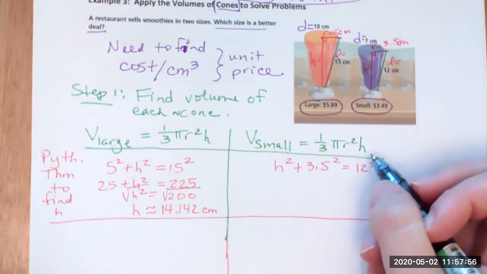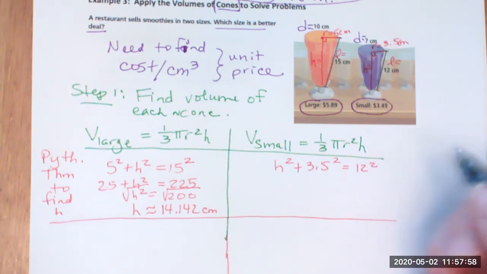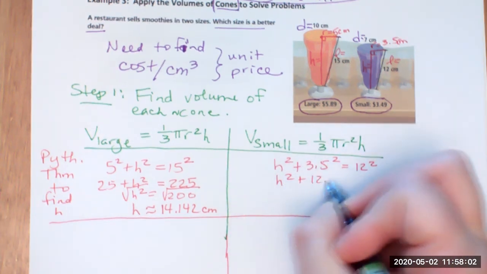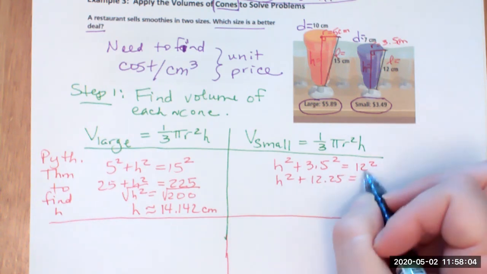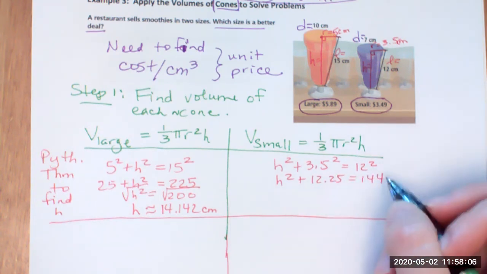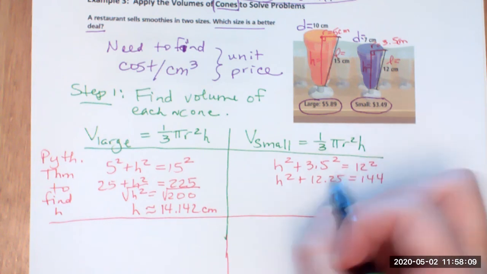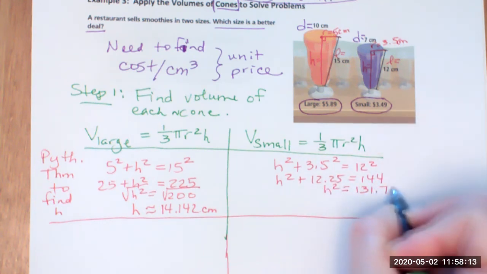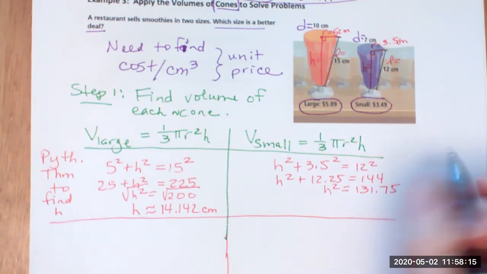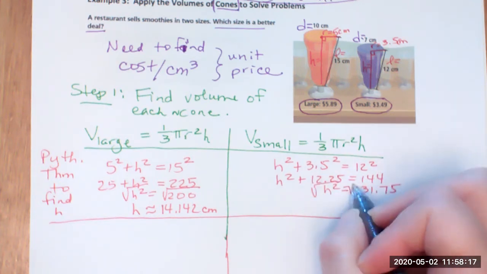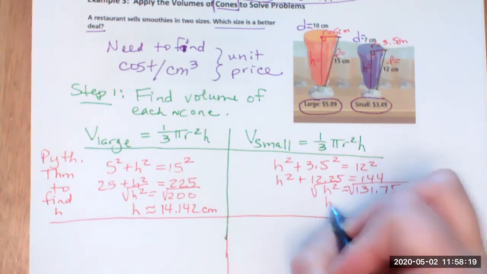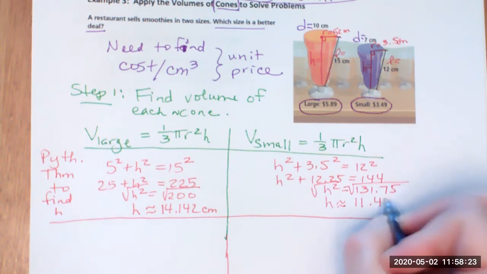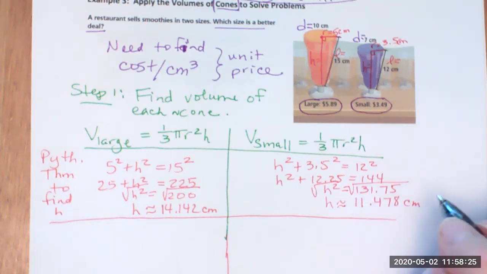So if I work that out, 3.5 squared is 12.25 and 12 squared is 144. If I subtract 144 minus 12.25, I get 131.75. Take the square root, and h is approximately 11.478 centimeters.